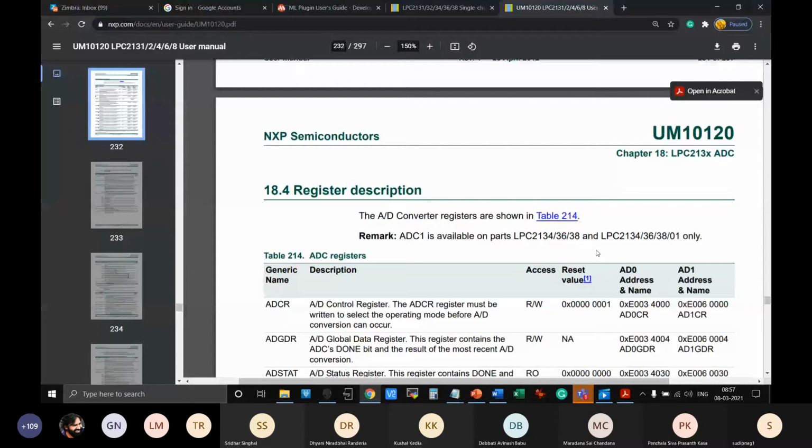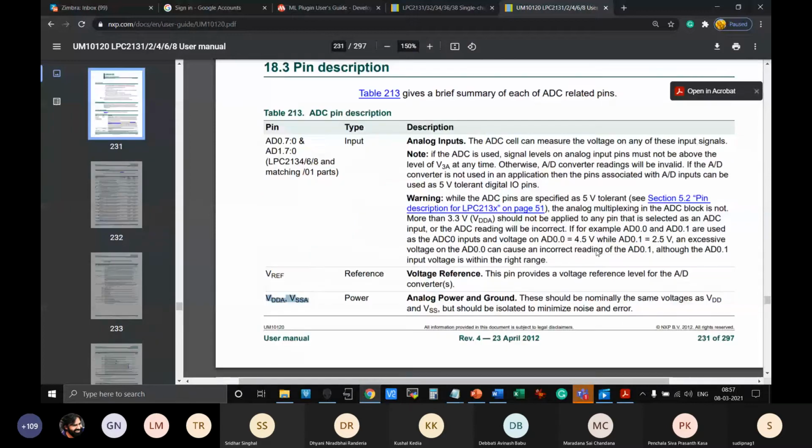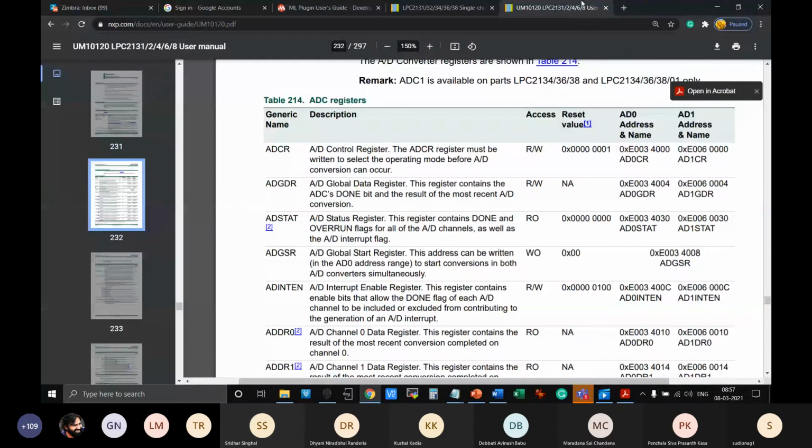all the special function registers are separate for AD0 and AD1, that means analog to digital converters 0 and 1, and they have certain reset values. They have certain allowed access modalities like read and write, or only read, or only write. These access permissions are preset by the hardware designers, like the manufacturer.